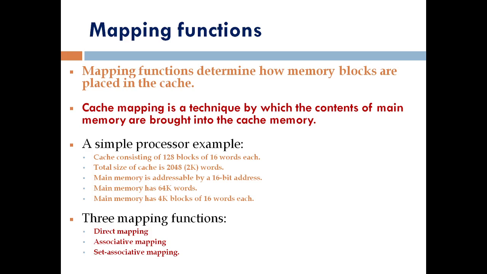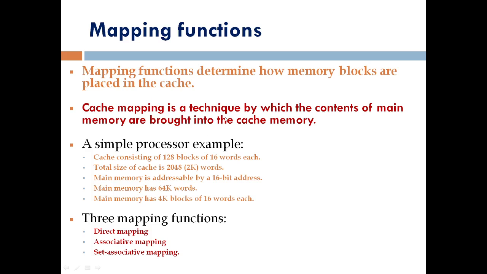Based on the mapping function, we need to place a few blocks in the cache memory. Cache mapping is a technique by which the contents of the main memory are brought into the cache memory. So the mapping technique is the one which will bring the main memory blocks into the cache memory.